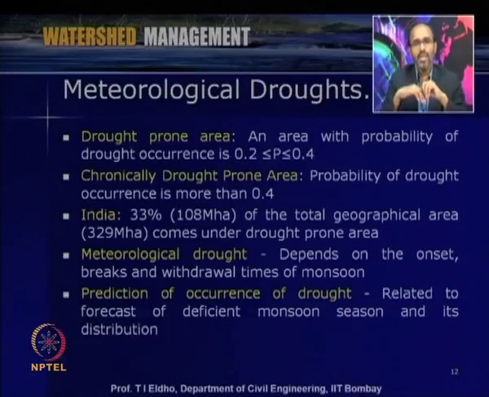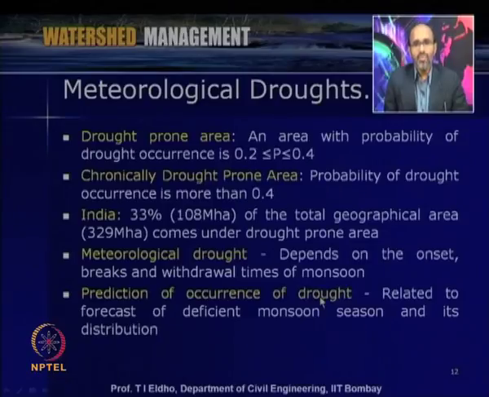Accordingly, we can say whether a meteorological drought takes place or not. Actually, the Indian Meteorological Department generally predicts the rainfall conditions about 1 month before the monsoon, and then they assess the drought situation with respect to various data at various locations of the country.